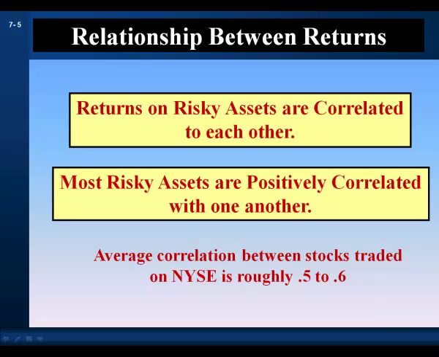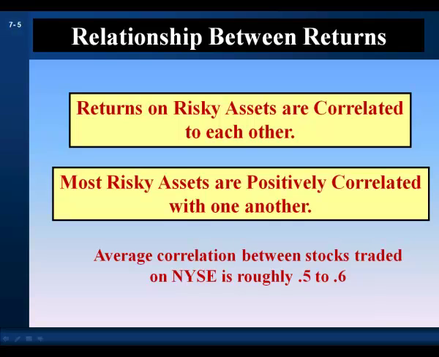The returns on risky assets are correlated to each other, and in general, risky assets are positively correlated with one another. The average correlation between stocks traded on the New York Stock Exchange is roughly 0.5 to 0.6. And so we have our second central fact.